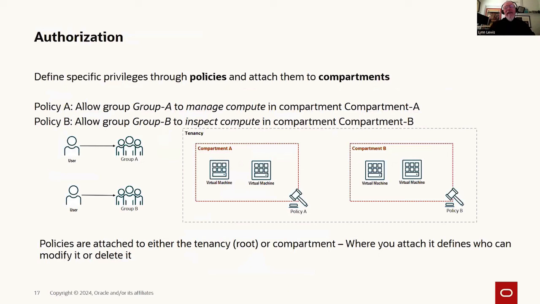And so let's give you some examples. Fundamental, as I mentioned, is this concept of a group and policy. Policy is always the same. It has the same structure, and it always starts with the word allow. The reason it starts with the word allow is because by default, everything is denied.